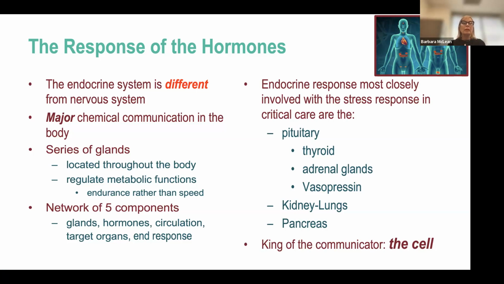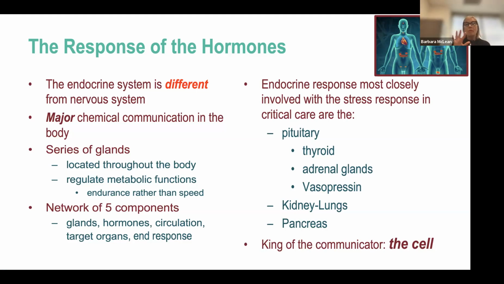The thyroid gland will release primarily T3 and T4, T3 being metabolically active and T4 having 4 iodine chains on the molecule and inactive. Those are released into the circulation, and traveling in the circulation, they will reach the target organs. And when that hormone answers the target organ request, the response will end. Of course, that's called a negative feedback loop.